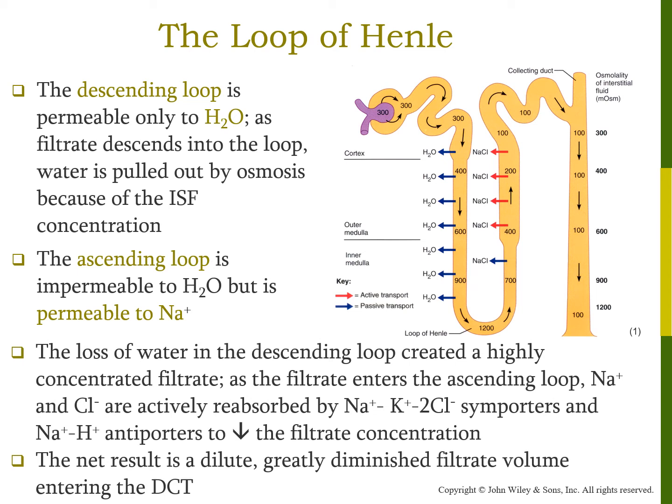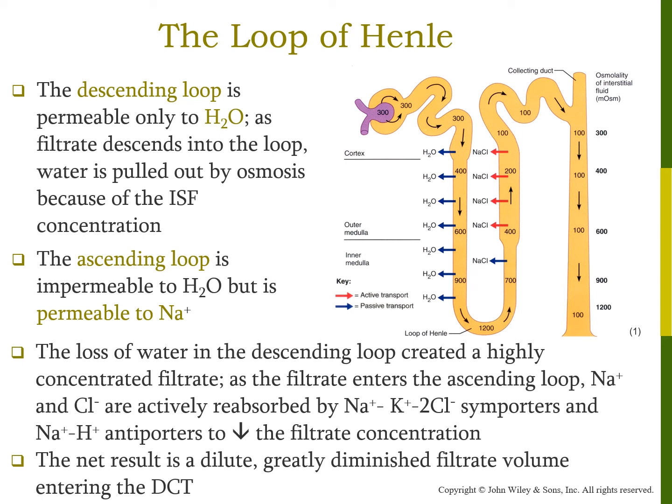The ascending limb is permeable to sodium and chloride, which are actually pumped out in the thick portion. To clarify, the symporter is a 1 sodium, 1 potassium, 2 chloride symporter that reabsorbs sodium, potassium, and chloride from the filtrate into the interstitial fluid and eventually the blood.